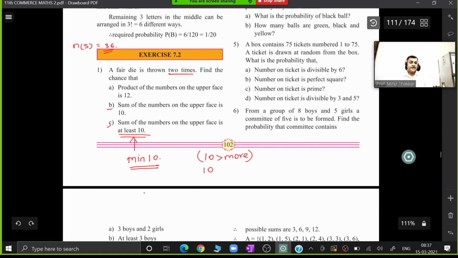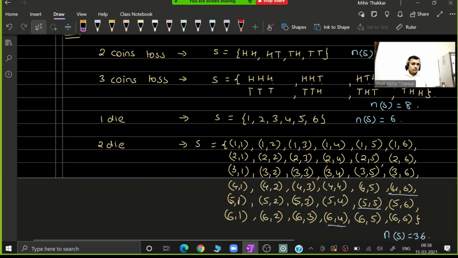It can be either 10, or the sum can be 11, or the sum can also be 12. So let us understand what are the possible outcomes which are satisfying these conditions. 4, 6, 5, 5 and 6, 4 give a sum of 10. Other than this, I also have to consider 6, 5 and 5, 6 because they give a sum of 11, as well as 6, 6 because it gives a sum of 12.